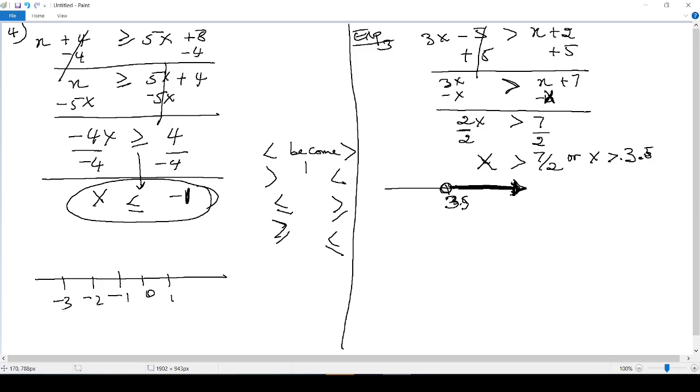That means negative 1 is part of the solution because we have equal there. So we put a bold dot, and x less than negative 1 is this side with our arrow pointing that direction. I think we can stop here.